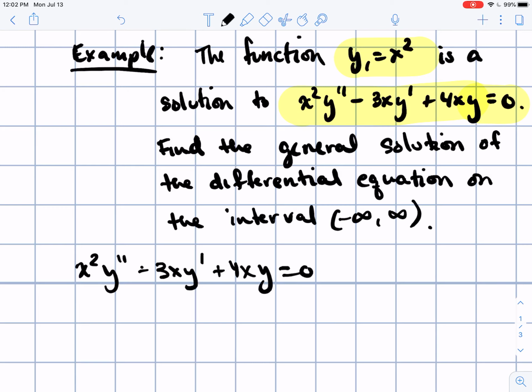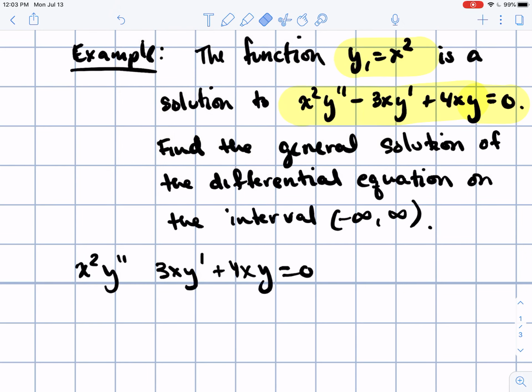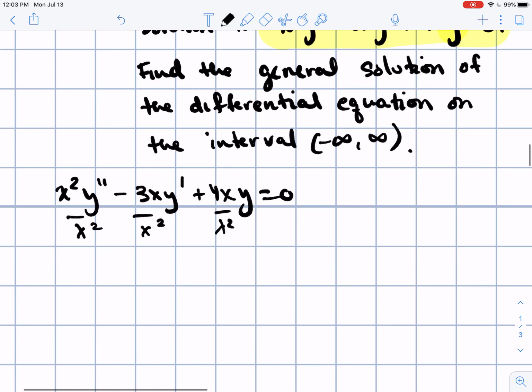In order to do that, I'm going to divide everything by x squared, and then it gives me y double prime minus 3 over x y prime plus 4 over x.